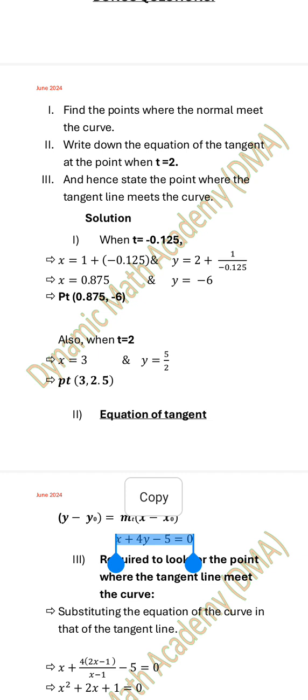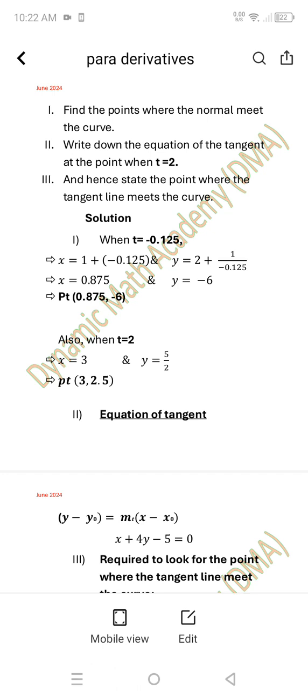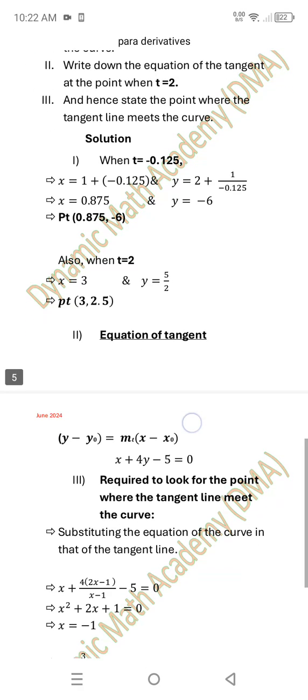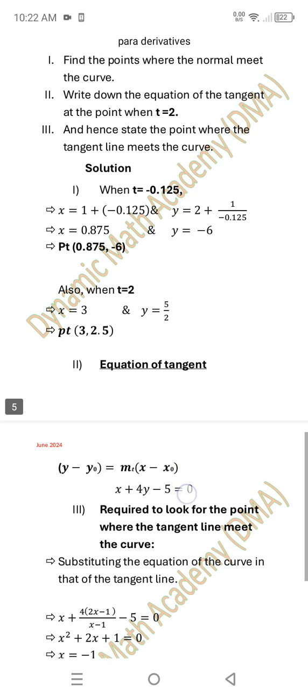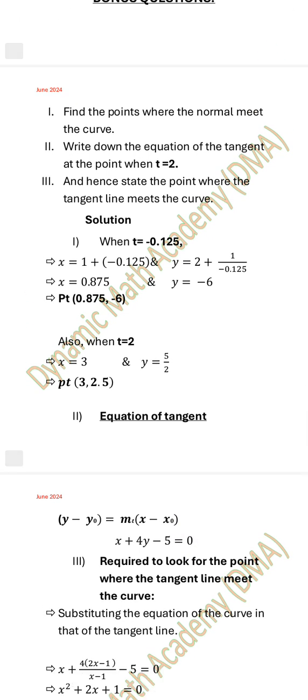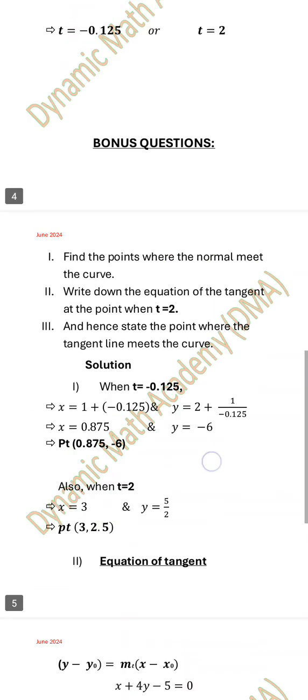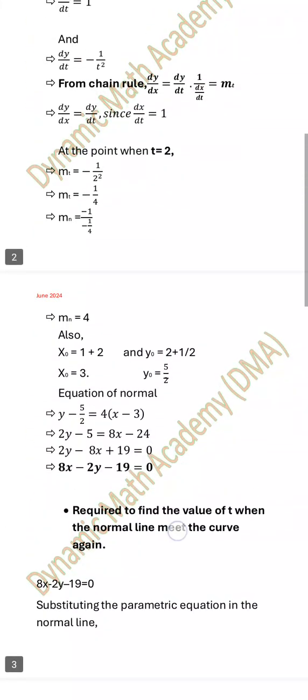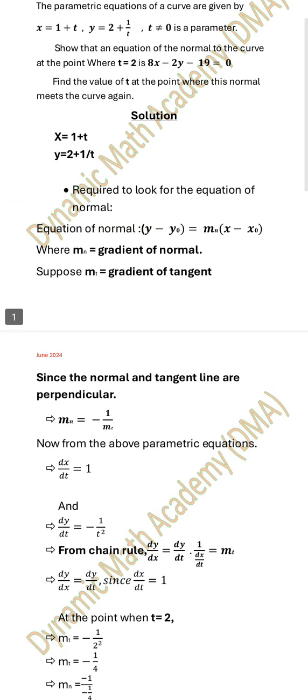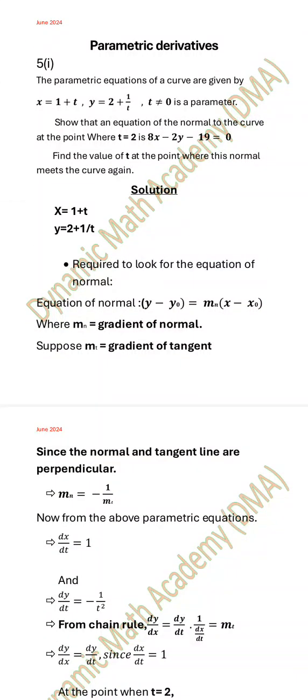Now the next question says we should look for the point where the tangent line meets the curve. Basically there are two ways of doing this. You either take these parametric equations and substitute in the tangential line, or you can eliminate this parameter t.